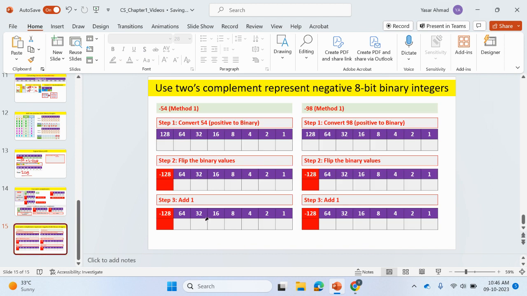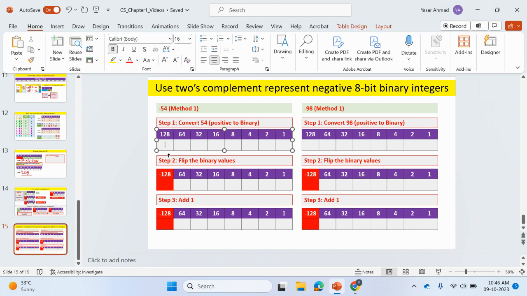Right, let's look at some 8-bit registers now. We need to convert minus 54 to binary and minus 98 to binary as well using two's complement. The first step is we need to convert 54 to positive.